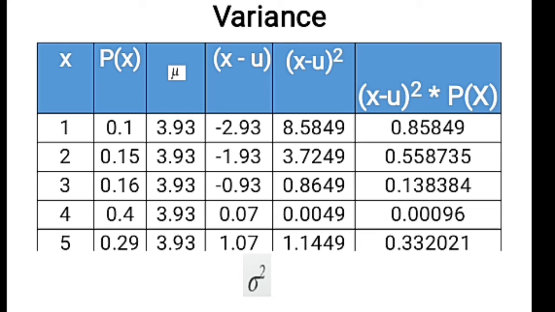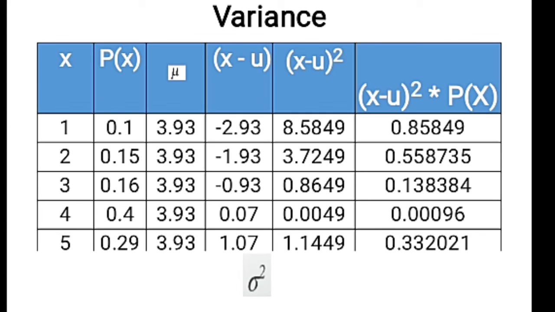Then 0.0049 times 0.4 equals 0.00196. Then 1.1449 times 0.29 equals 0.332021.